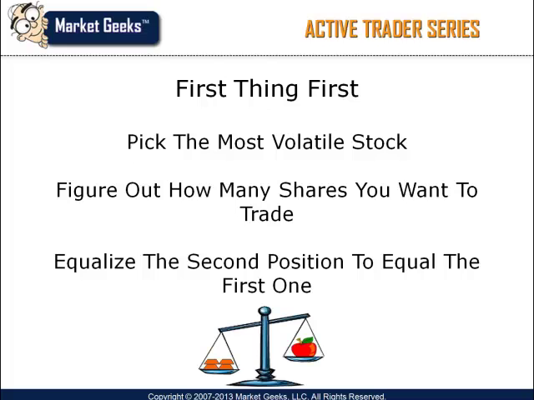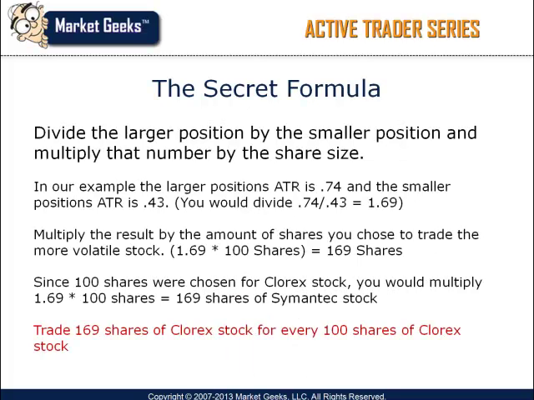and you want to know exactly how many shares of Symantec stock will give you the same bang for your buck as Clorox stock. Simply divide the larger position by the smaller position and multiply that number by the shares. In our example, the larger position's ATR is 0.74 and the smaller position's ATR is 0.43.